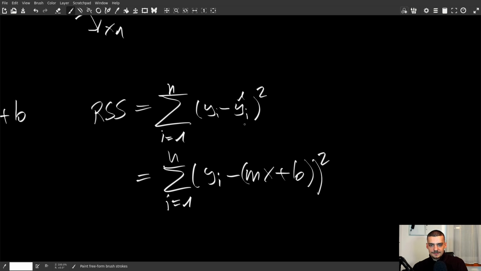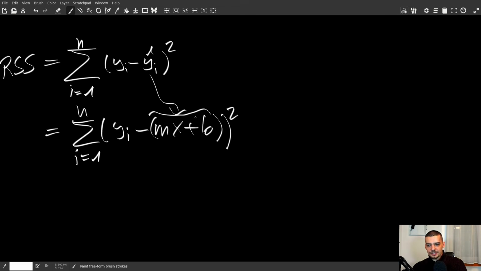And that's equivalent. This is what y_i hat actually means. Now, of course, we have multiple dimensions, so we can actually write this down as a vector. m cannot just be a single m. I could also have, in multiple dimensions, y is equal to m1 times x1 plus m2 times x2 and so on, plus b in the end. So that is also possible.